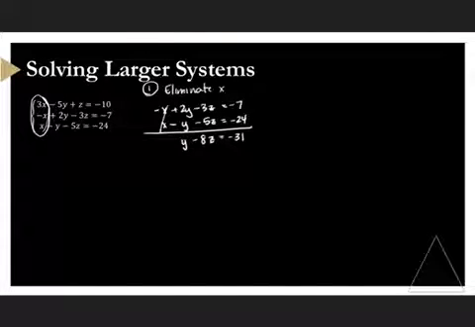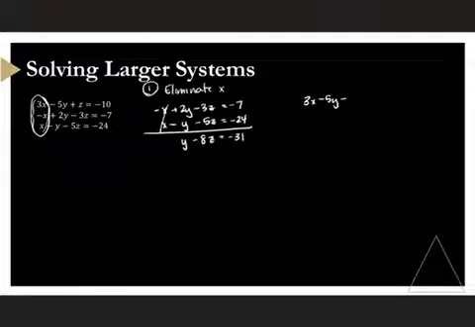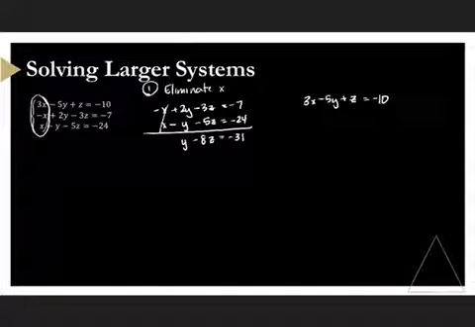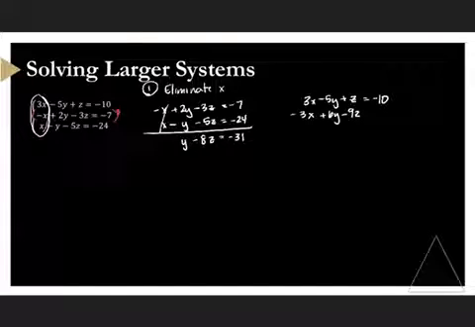Now for the next one, I'm going to take the first equation and then I'm going to take the second equation and multiply it by 3 so that the x's will cancel. Okay, so negative x times 3 is negative 3x. 2y times 3 is 6y. 3 times negative 3 is negative 9z.